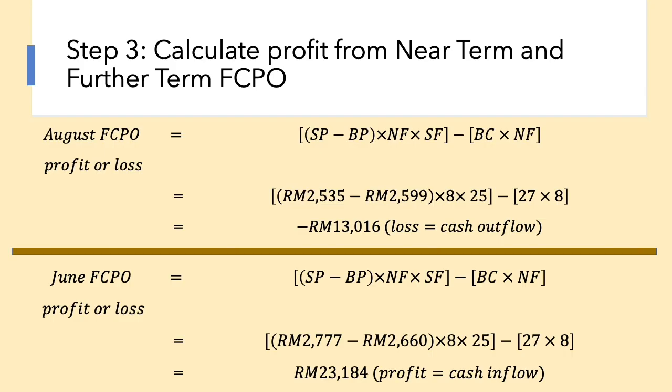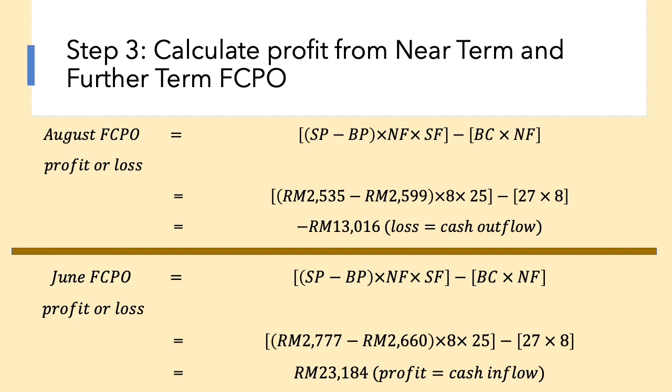And then for August FCPO contract, you sell this contract at price 2535 minus 2599, you get negative 64. So 111 plus negative 64, you get basis point equal to 53.